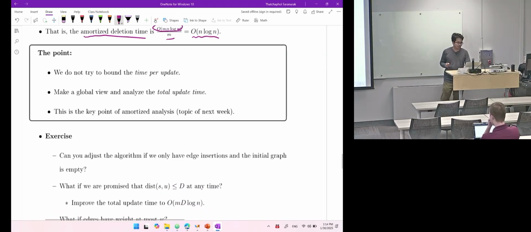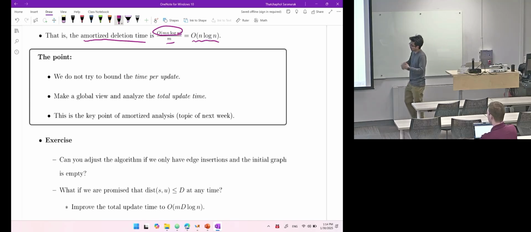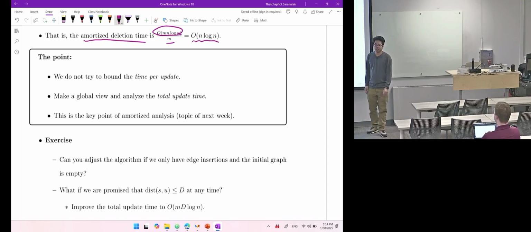What if I promise that, back to the deletion, the distance from S to every node U is at most D? Why is it the case that the total update time should be md now? I can improve from n to d if d is small.